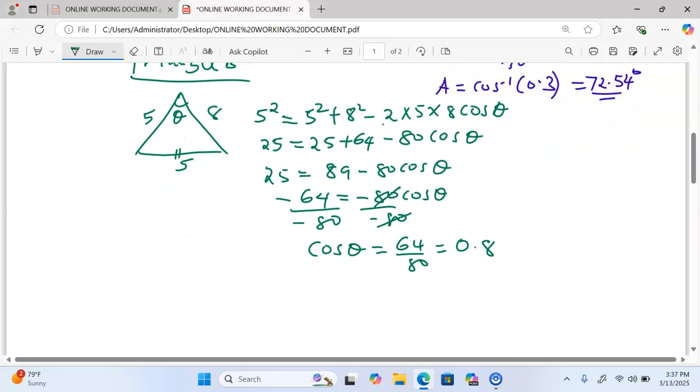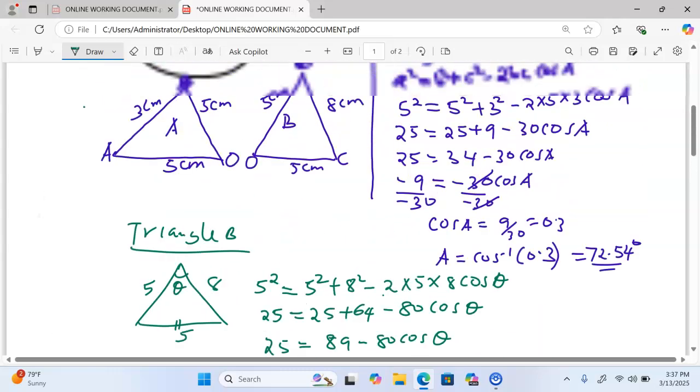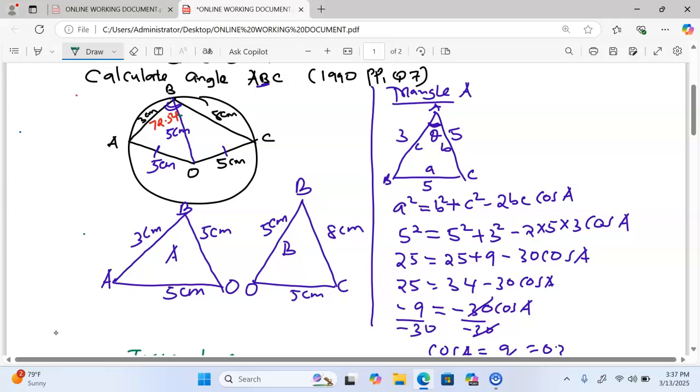From there now we can get the angle theta by taking the cos inverse of 0.8, and this one is going to give us exactly 36.87 degrees.